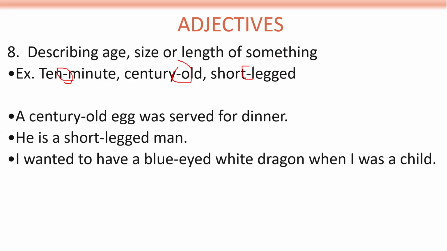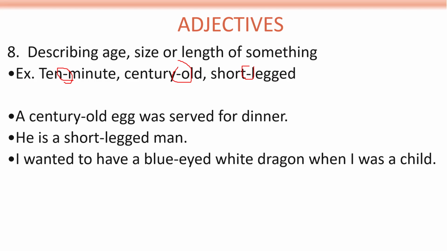Now, how about, let's say, do you have a daughter? Do you have a son? Yes, I have a 5-year-old daughter. Or you can say, my daughter is 5 years old. But if you're going to use it as an adjective, delete the S. 5 hyphen year-old daughter. Okay?